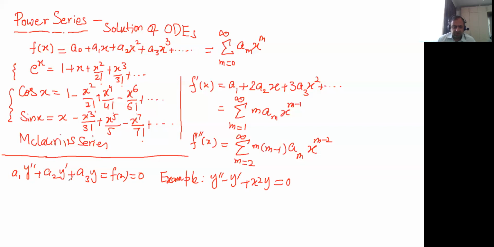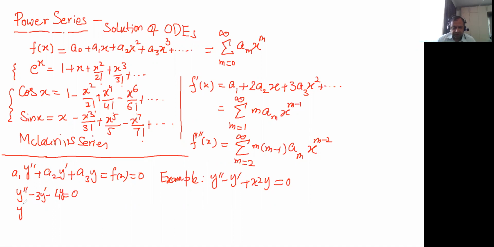So for example, the solution of y double prime minus 3y prime minus 4y, sorry, if it is minus 4y.